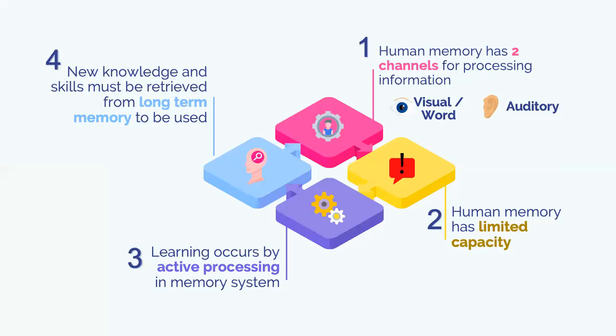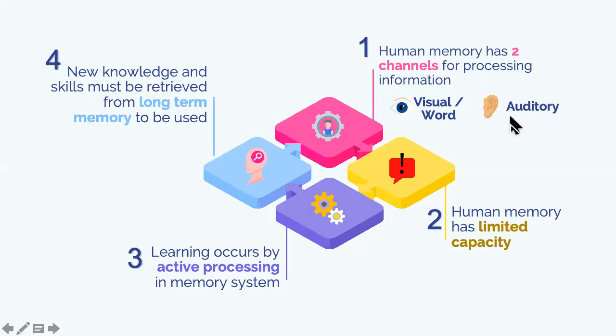According to Richard Mayer, in terms of information processing, he says that human memory has two channels for the processing of the information that I mentioned earlier, which is visual or words, and the other one through auditory.